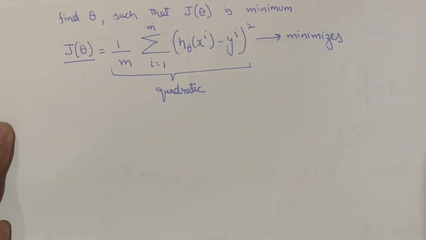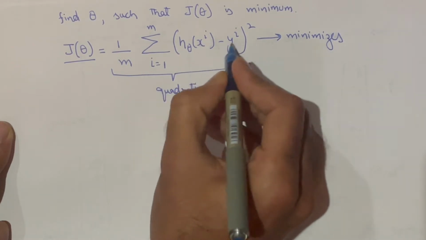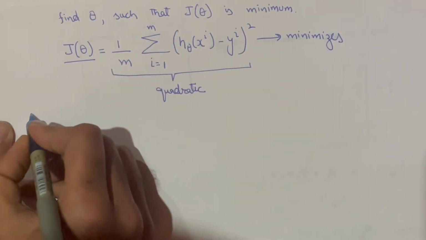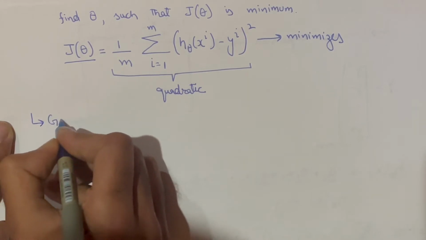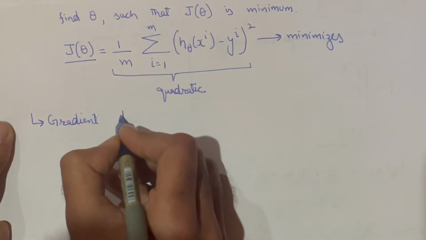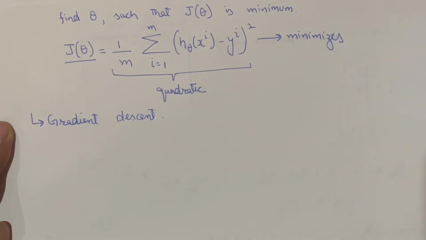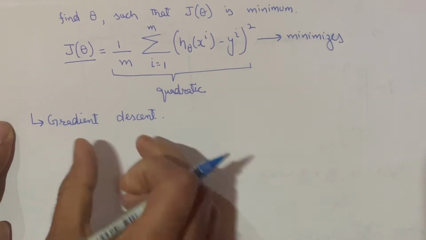One important, most frequently used algorithm to minimize this particular function is gradient descent. So we will discuss this in detail.